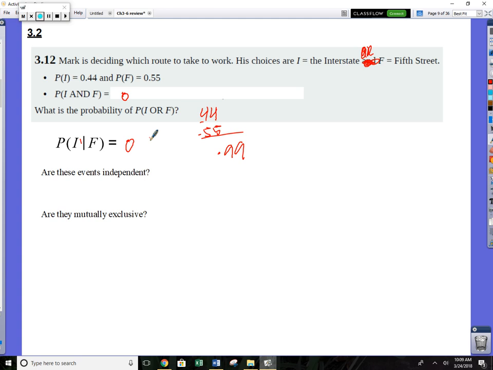So are these guys independent? No, because the chances of interstate are 44%, and the chances of interstate given the freeway are not 44%, they're 0. So the freeway, or 5th Street, is definitely influencing interstate. So that's a big no. Are they mutually exclusive? That's a big yes. There's 0 overlap. It's one or the other.